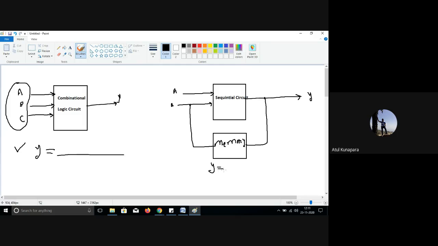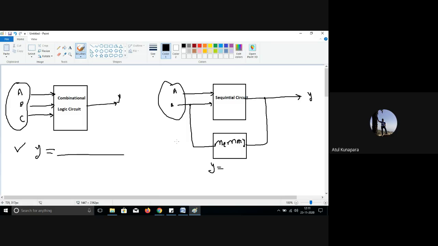That means here Y is not only depending on your inputs A and B, it is also depending on what the inputs A and B were in the past, right? And that is the difference between your combinational logic circuit and sequential logic circuit.